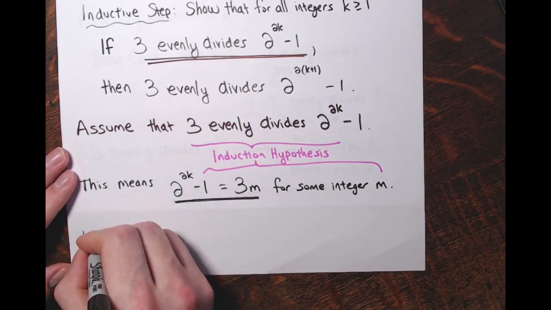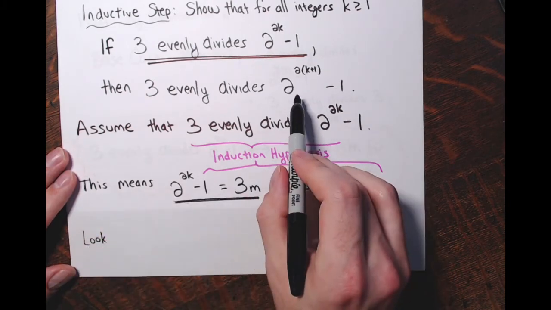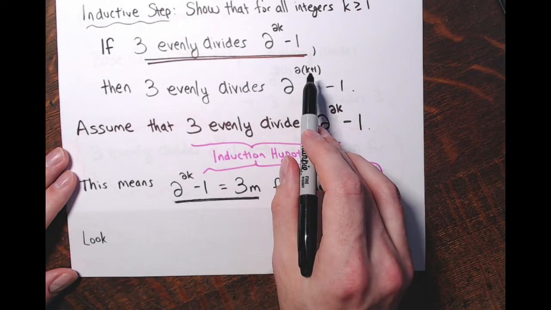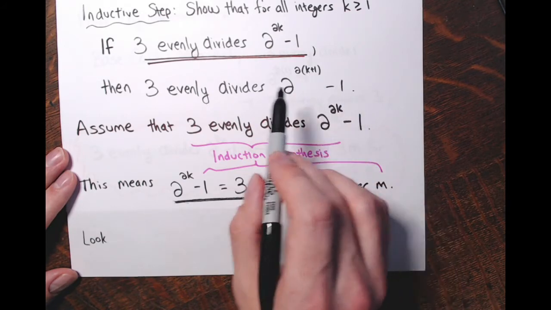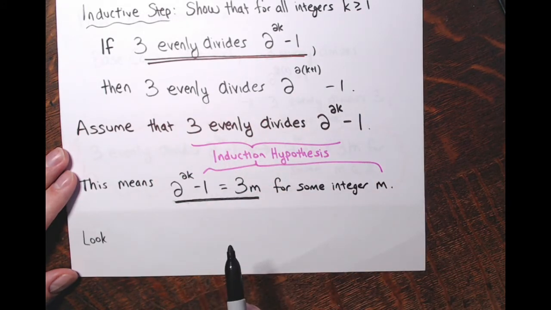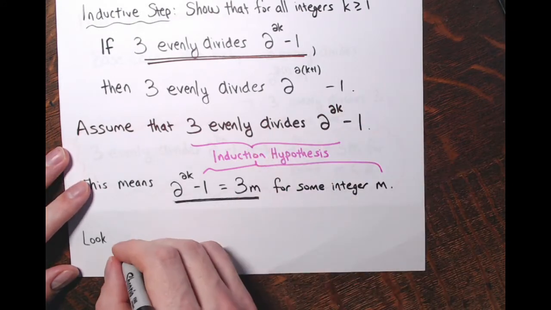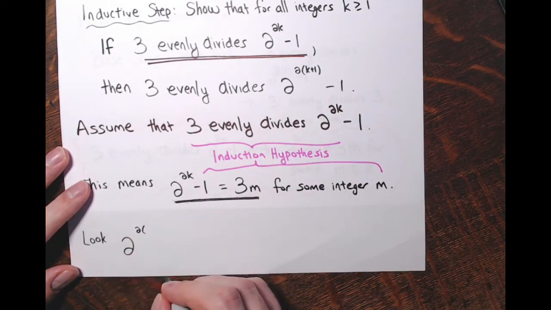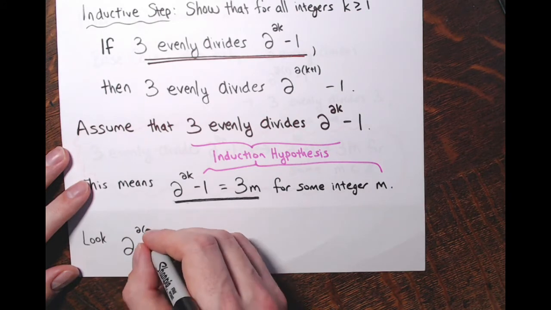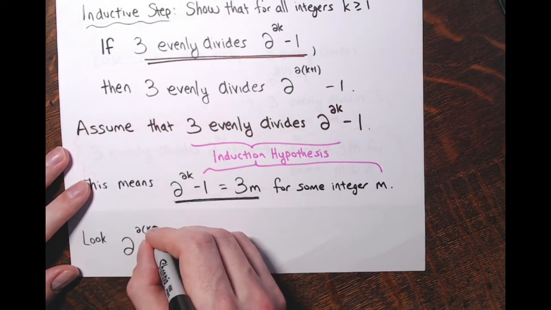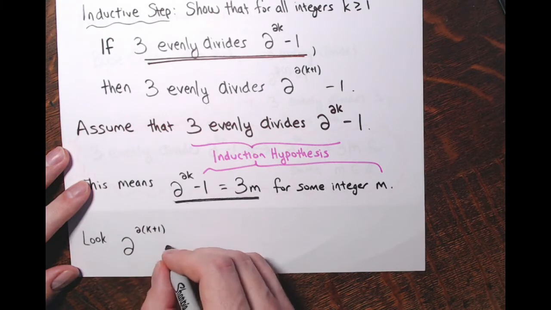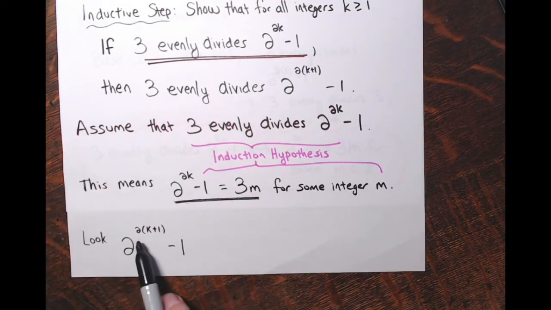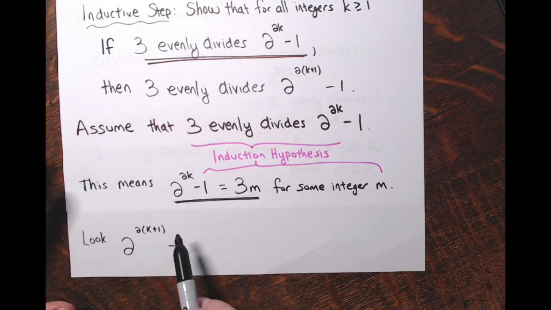Well, now let's look at the expression that we're trying to figure out here. I'm trying to show that 2 to the 2 times k plus 1 power minus 1 is some multiple of 3. So let's look at that expression. 2 to the 2 times k plus 1 power minus 1. And notice this does not involve anything we're used to yet.